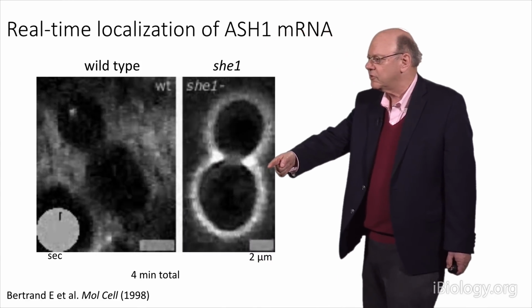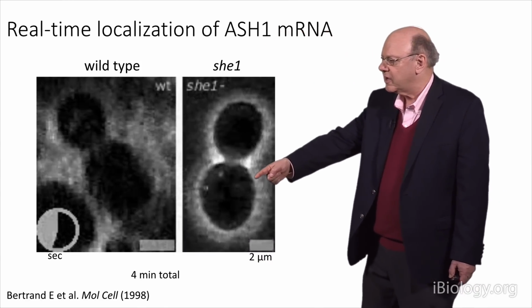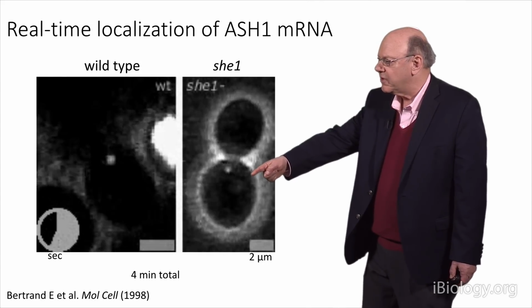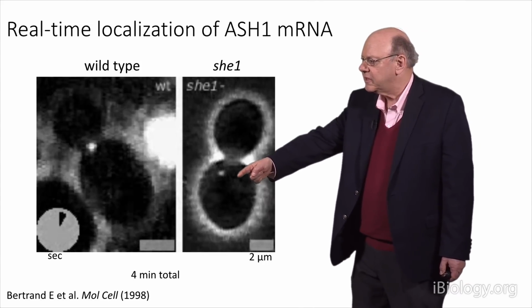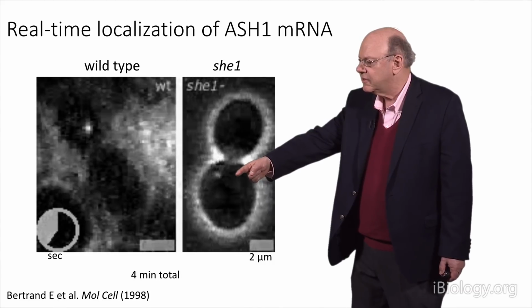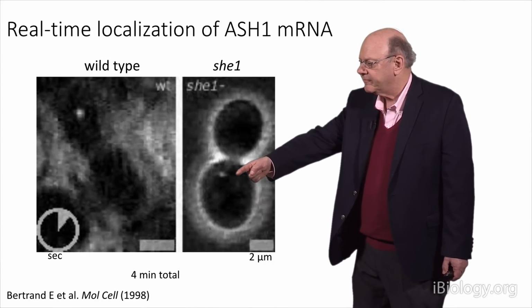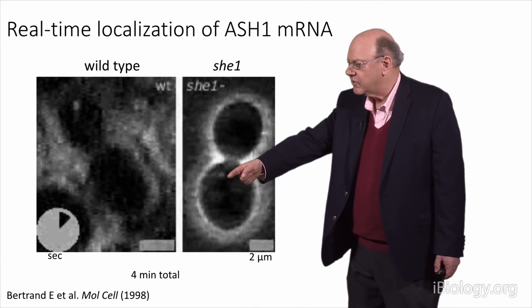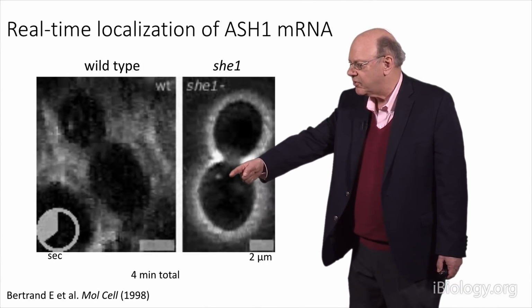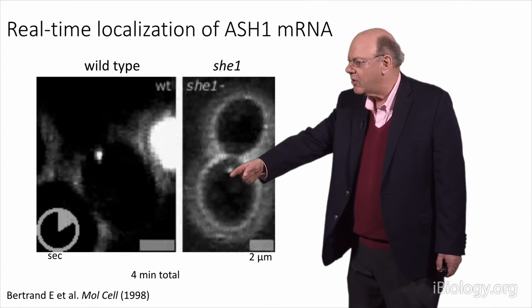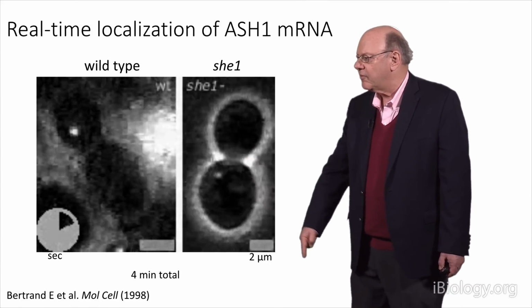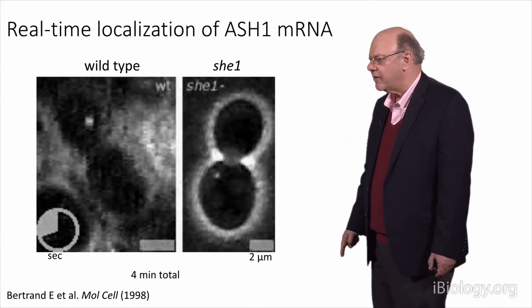Now, as I told you, the zip codes organize proteins, one of which is a motor protein, myosin. And if you delete myosin in its motor domain, so it can't cleave ATP, so there's only one single mutation in that protein, the RNA now can't get anywhere because the motor can't carry it from the mother to the daughter.